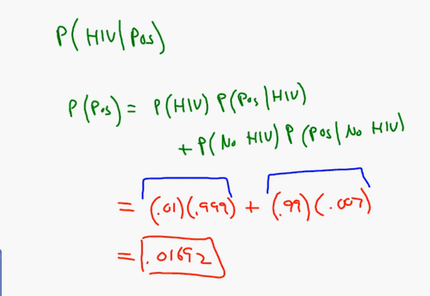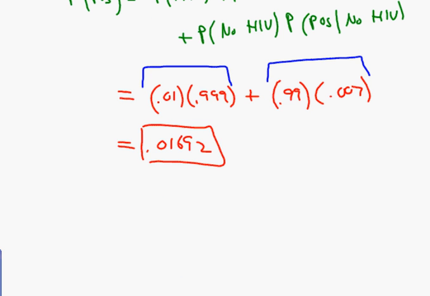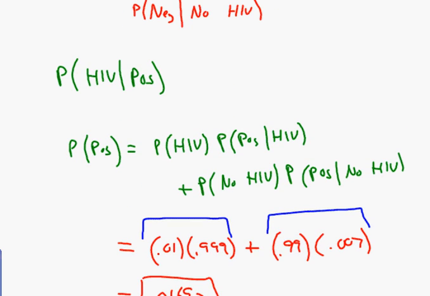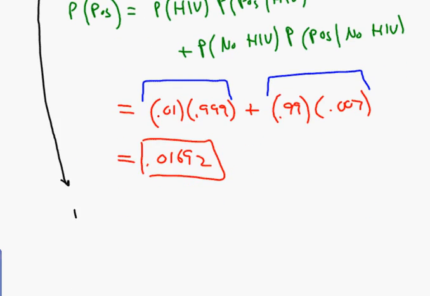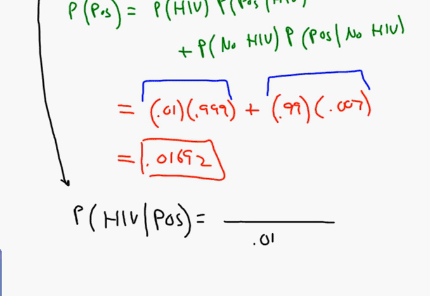Okay then, so what do we do with that number? Well, remember, our goal is to find that probability. And to do that, what we know now is that the denominator of that probability is 0.01692. The reason for that is that's all the people who are being told that they're positive. That's the sample size, so to speak.